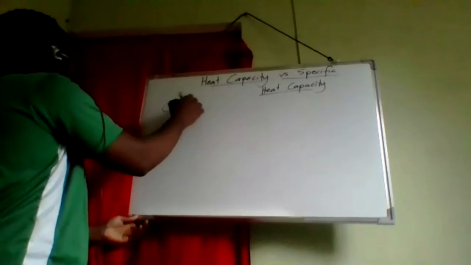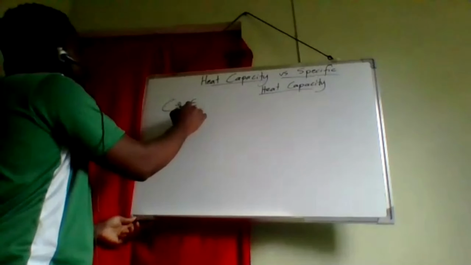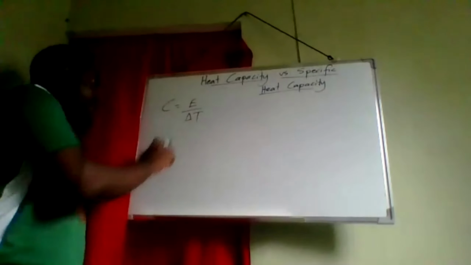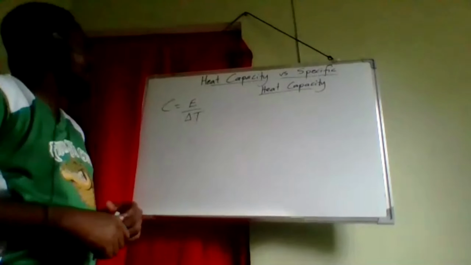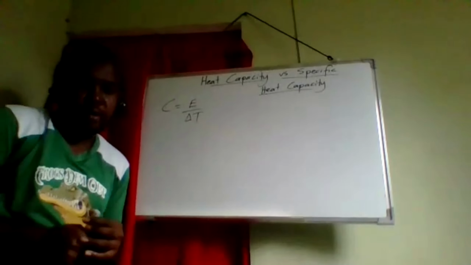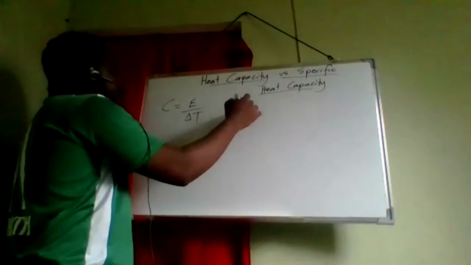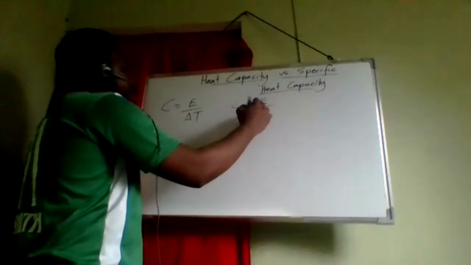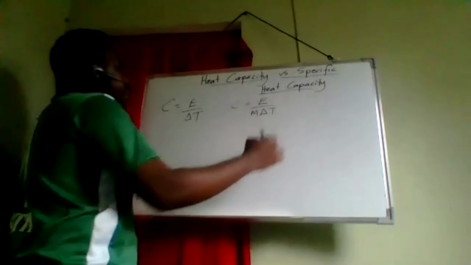So heat capacity, which is a capital C, is the amount of energy required to change by 1 degree. So it's any amount of the substance, how much energy it takes to change it by 1 Kelvin. And we specify specific heat capacity, which is a common c, is the amount of heat energy required to change 1 kilogram of a substance by 1 Kelvin.